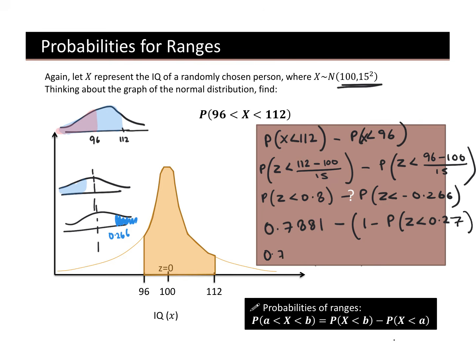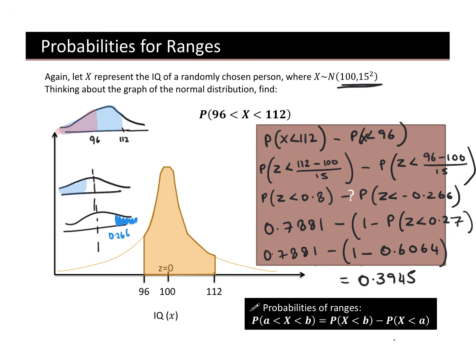So I'm going to get 0.7881 minus 1 minus 0.6064. When I work all of this out, I'm going to get 0.3945. Now, there are formulas that you can learn for all of this, but don't do it.